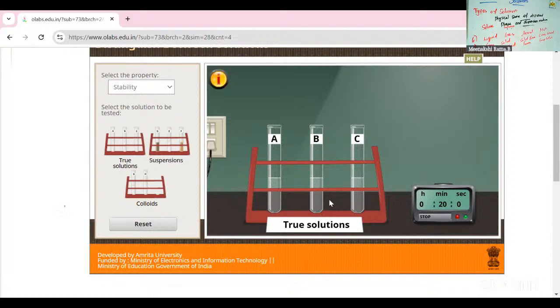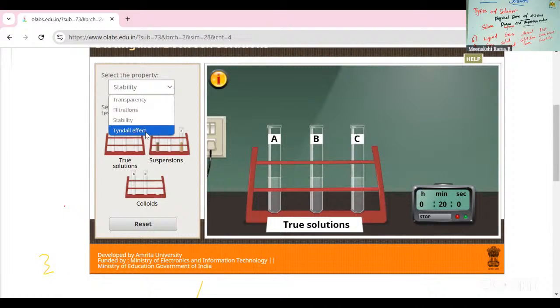It is clear that particles are not settled in the test tube. So the answer: true solutions are stable and do not show deposition. There is no deposition in the test tube. So this is the third confirmation test of the true solution.